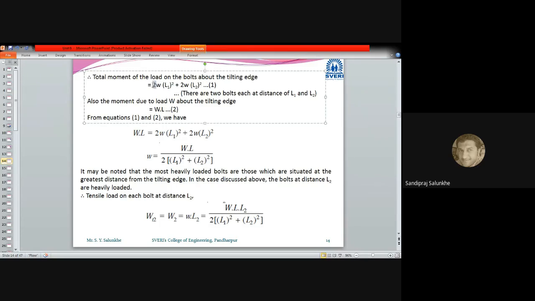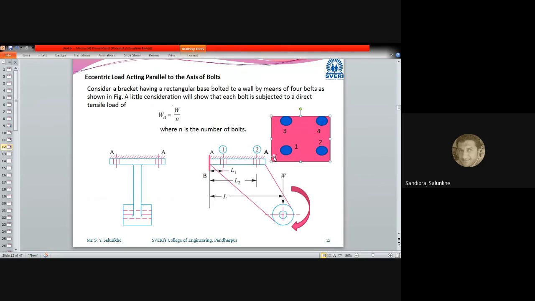Why is this 2 used here? Because we have 4 bolts, 1 and 3 on the same line and 2 and 4 on the same line. So the moment of the first bolt and the third bolt will be the same, so it will be multiplied by 2, and the moment of the second bolt and fourth bolt will be the second moment.